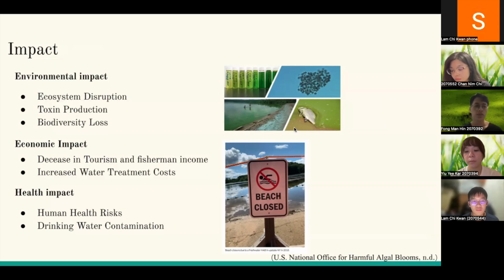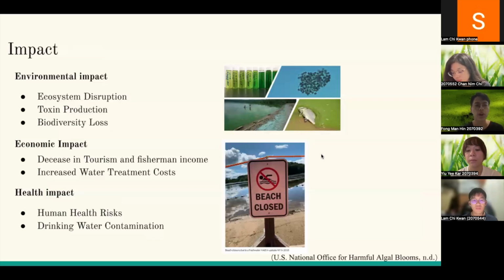And then for biodiversity loss, the dominance of harmful algae can reduce biodiversity by outcompeting native species. This effect can include light attenuation, clogging of fish gills, or depletion of dissolved oxygen upon decay of the algal cells. Some HABs can even kill fish through mechanical damage.